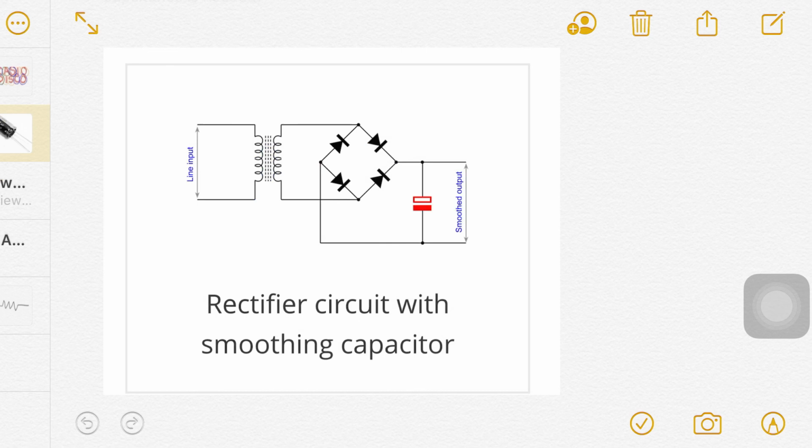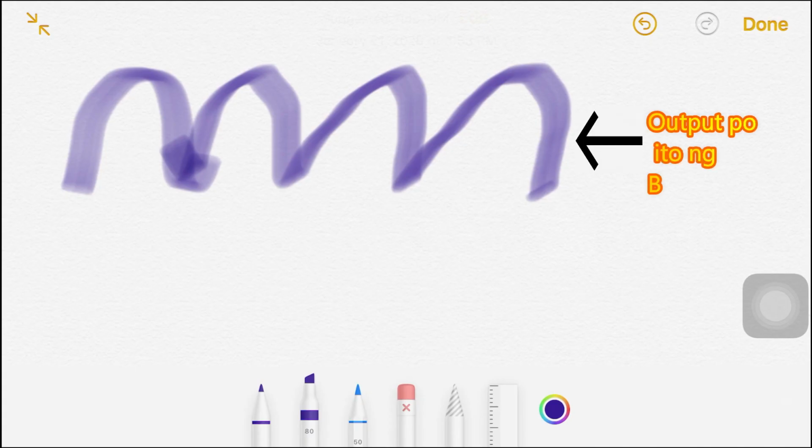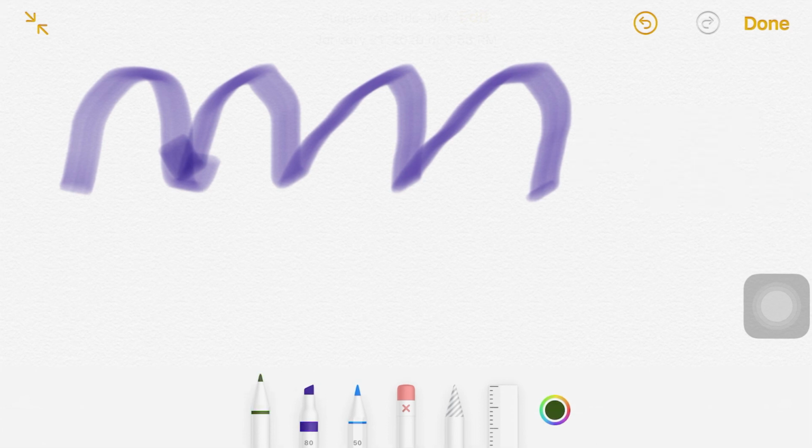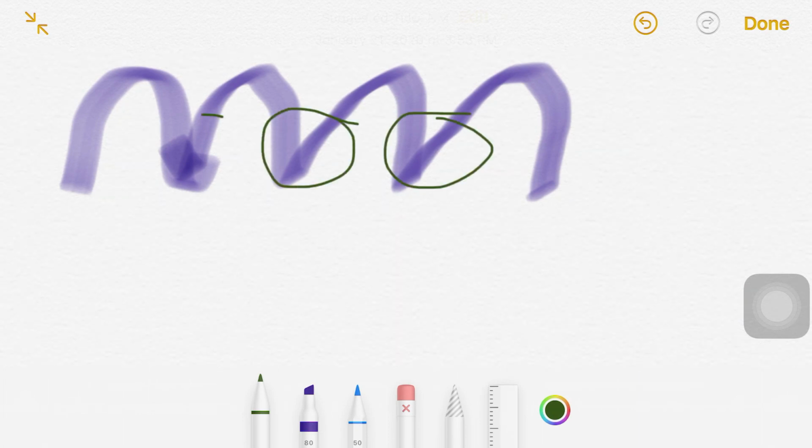So, we're going to use a capacitor para ma-filter out pa tong signal na to to become smoother. Tinatawag siyang smoothing capacitor. So, I'll try to illustrate. Hindi pa rin talaga siya smooth. Para siyang pulsating DC pa din. Gusto nating matanggal yung mga interval na to kung saan bumababa yung signal.